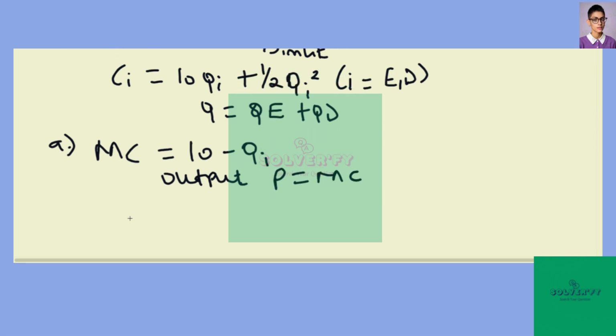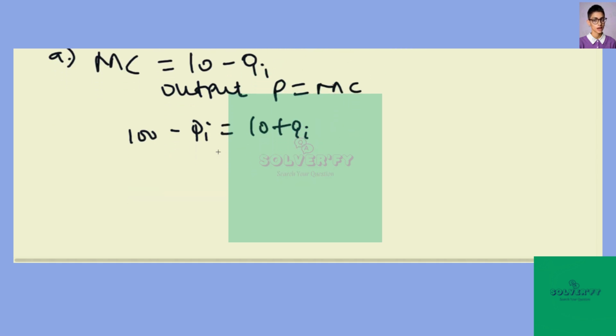So 100 minus Qi equals 10 plus Qi, right? And then Qi will be equal to 45.